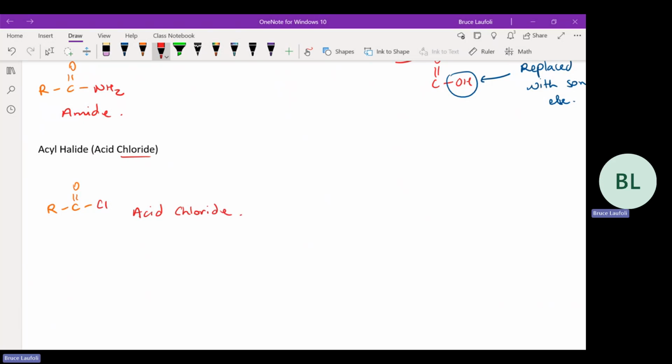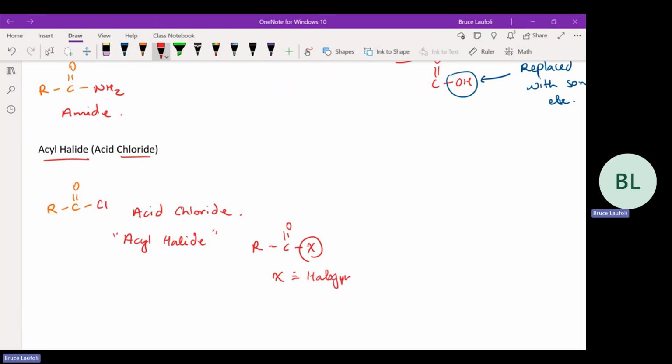Okay, keep in mind that at university they call it acyl halide, because usually it's represented like this, where this X, hopefully you remember from the first video, is a halogen.